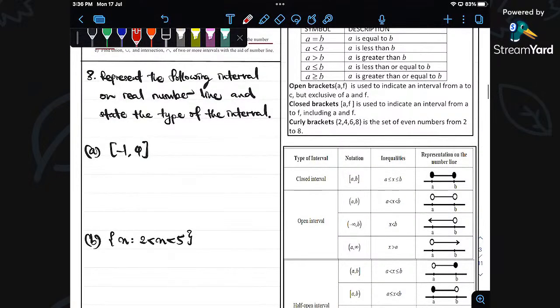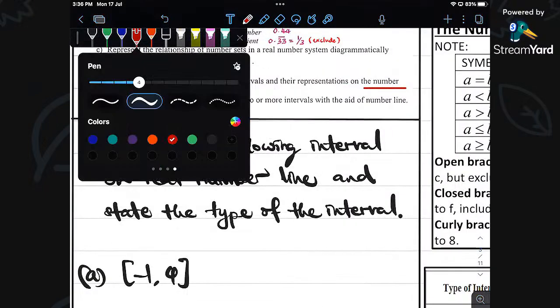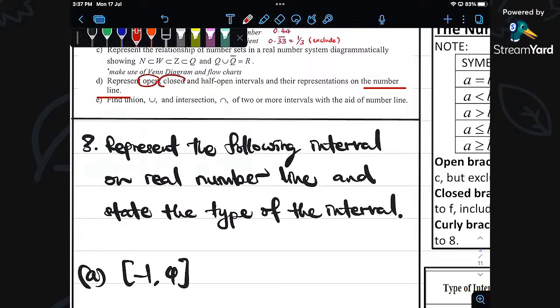So soalan yang ketiga, represent the following interval on real number line and state the type of interval. So the type of interval ada 3 jenis. Satu adalah open interval, satu closed interval dan satu lagi half open interval. Dia hanyalah nama. And it is very good if you know the name after you have solved them.